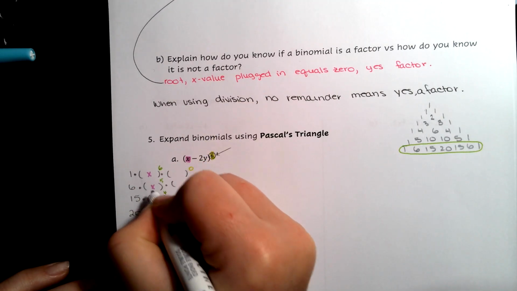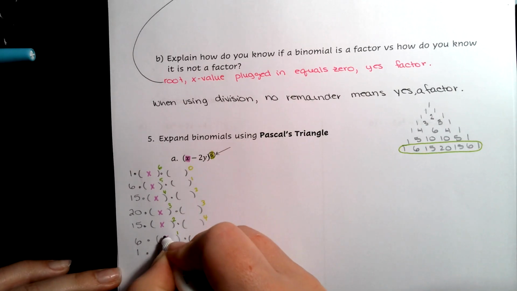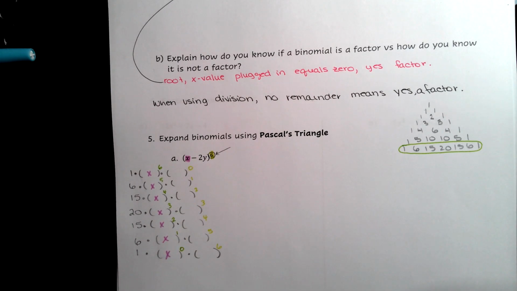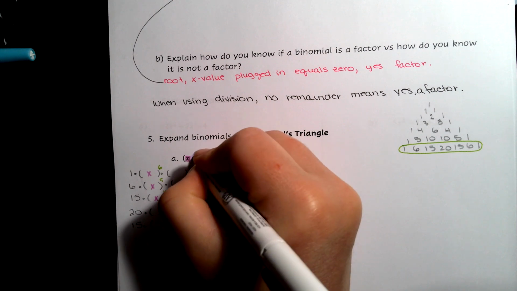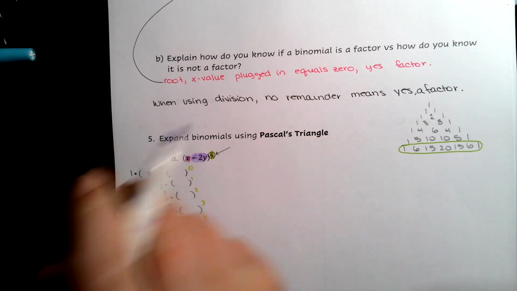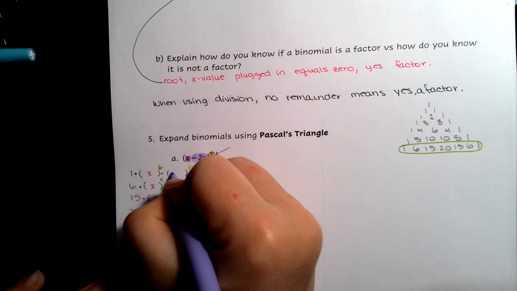So x is our first term. Your second term is your second parenthesis. Now be careful here with this minus. So we're going to write in a negative 2y.